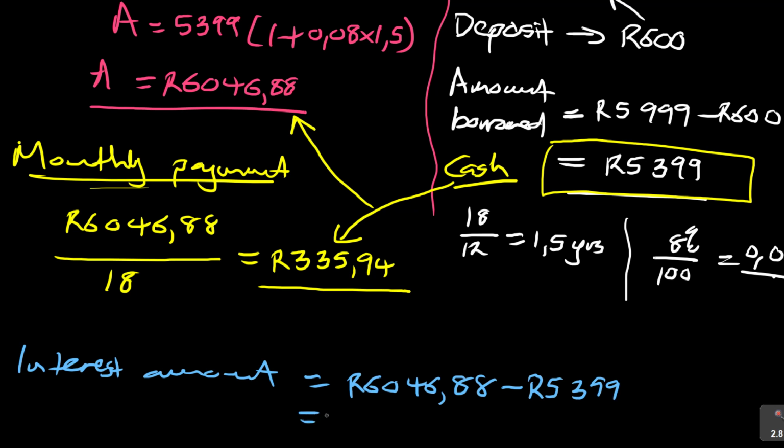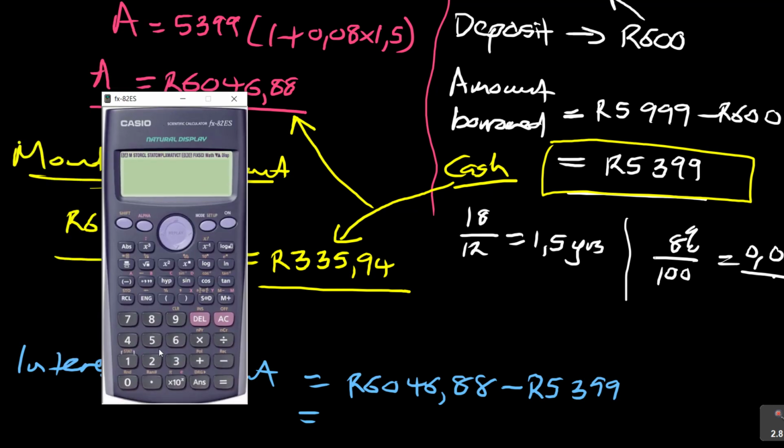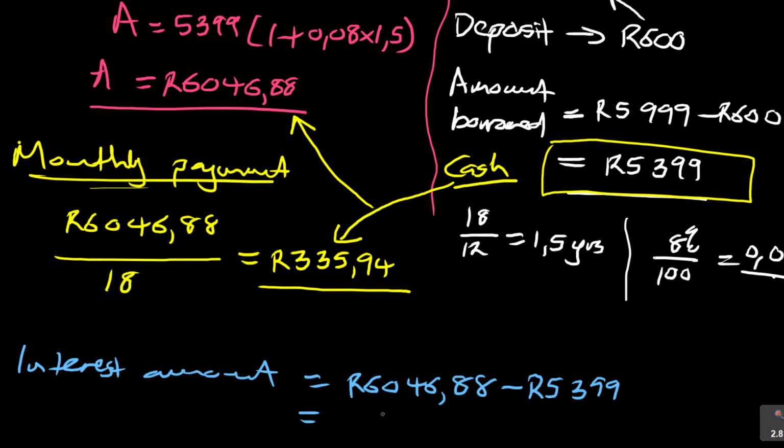So that becomes the money which in this case you borrowed from the bank: 6046,88 minus 5399. So how much more did you pay? In actual sense, they made an extra 647 rand 88 cents.